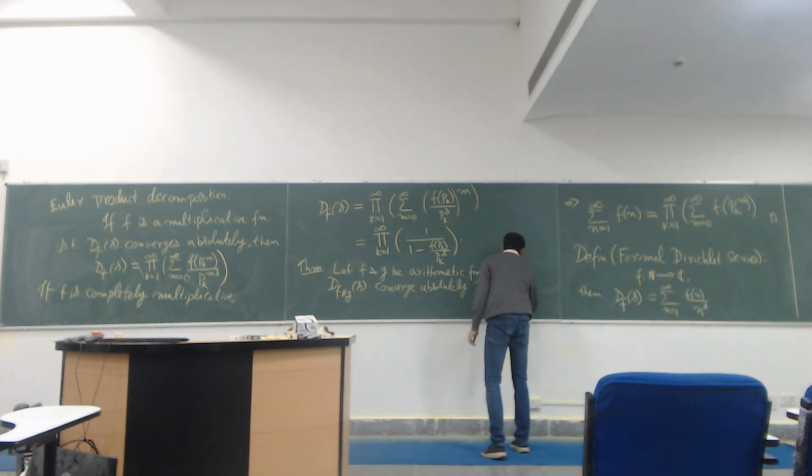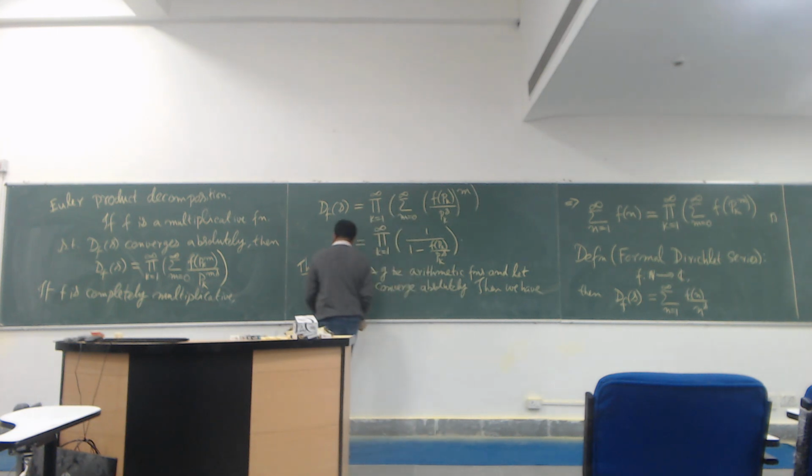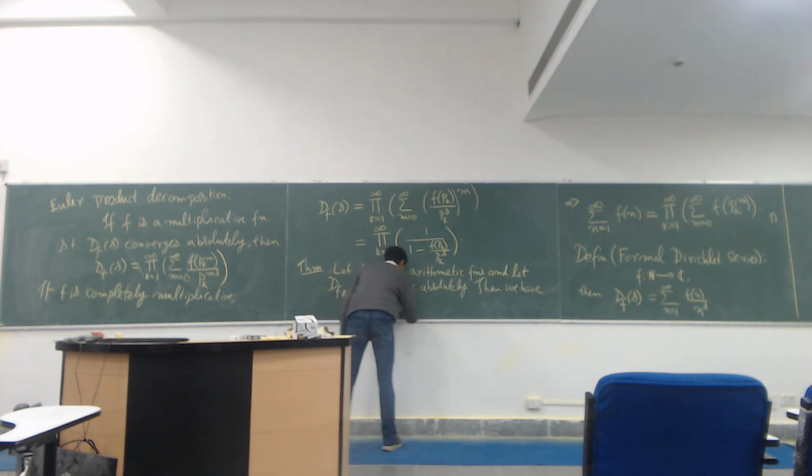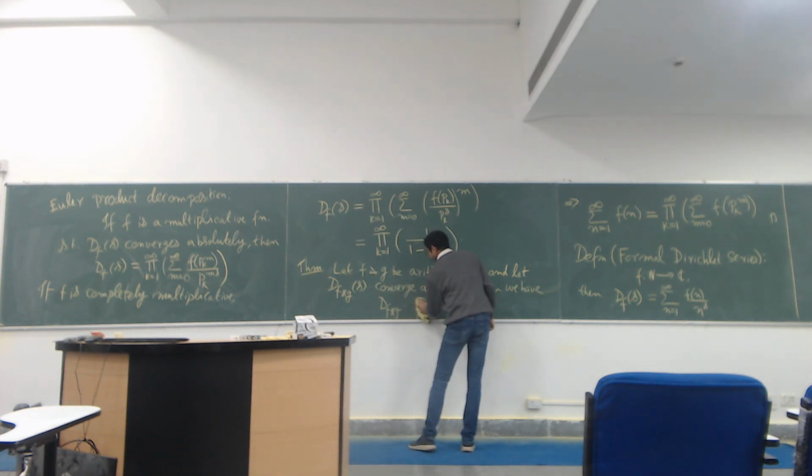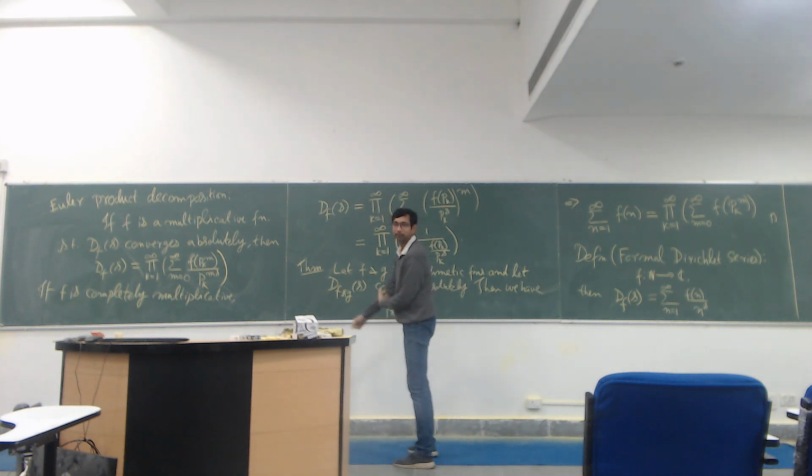Then we have D_{f star g}(s) equal to D_f(s) times D_g(s), and in particular both of these also converge absolutely.